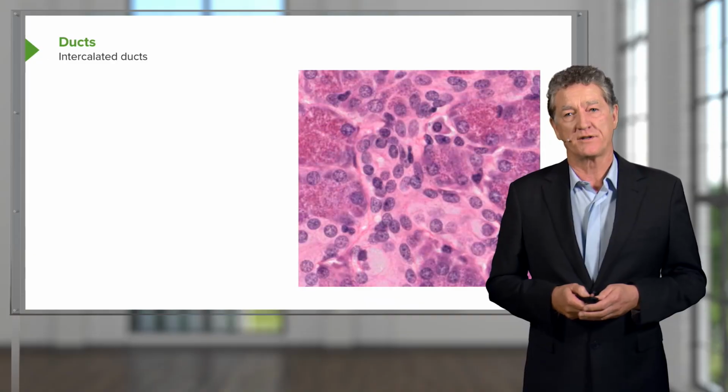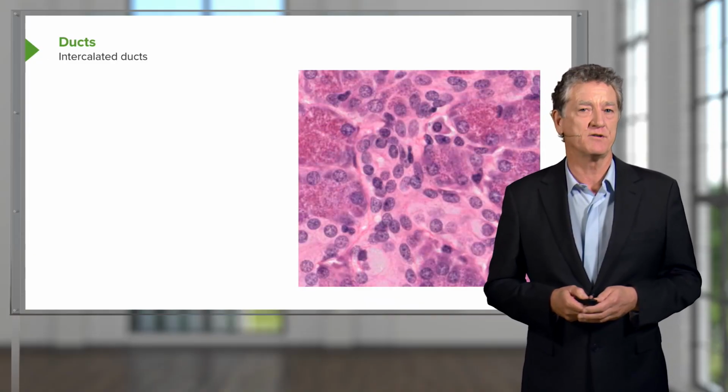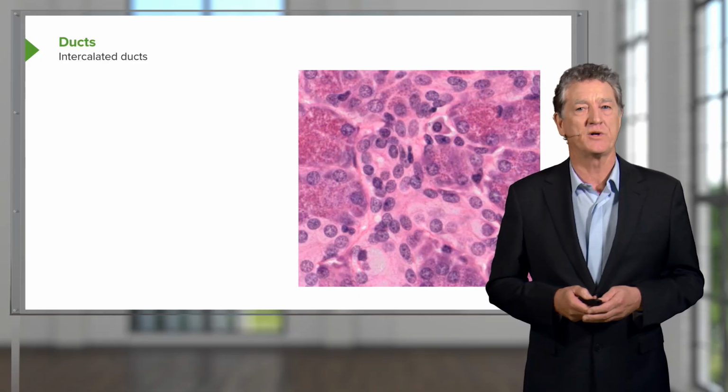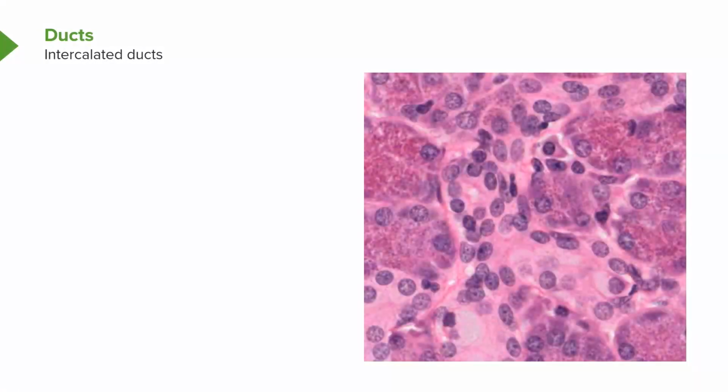Now have another look at this slide very carefully. It again is a serous or a protein secreting gland. Pick out the secretory units or secretory acini. An acinus is a grape, a berry-like structure. It's a cluster of cells. But see if you can find an intercalated duct. They're very hard to see.